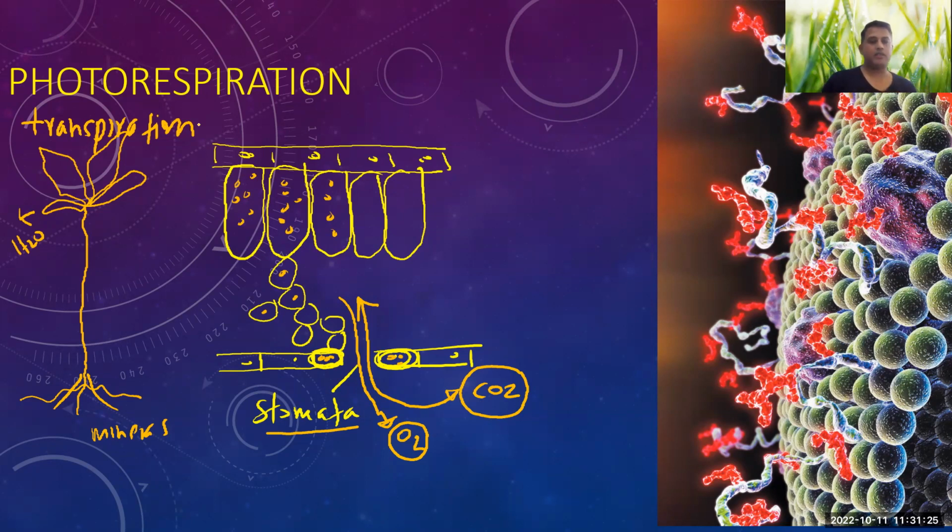Okay, let's look at a condition. That condition is very dry and hot. If the environment is dry and hot, the plant can absorb less water because the water level in the soil is low.